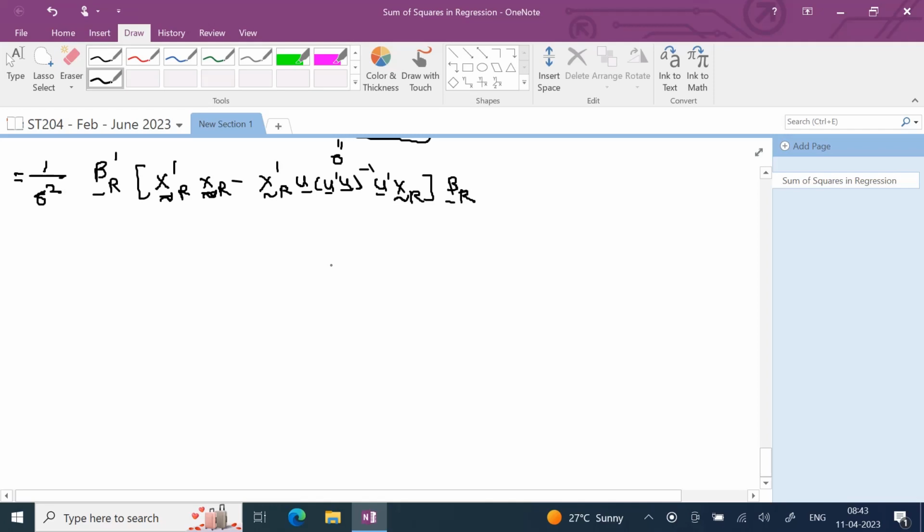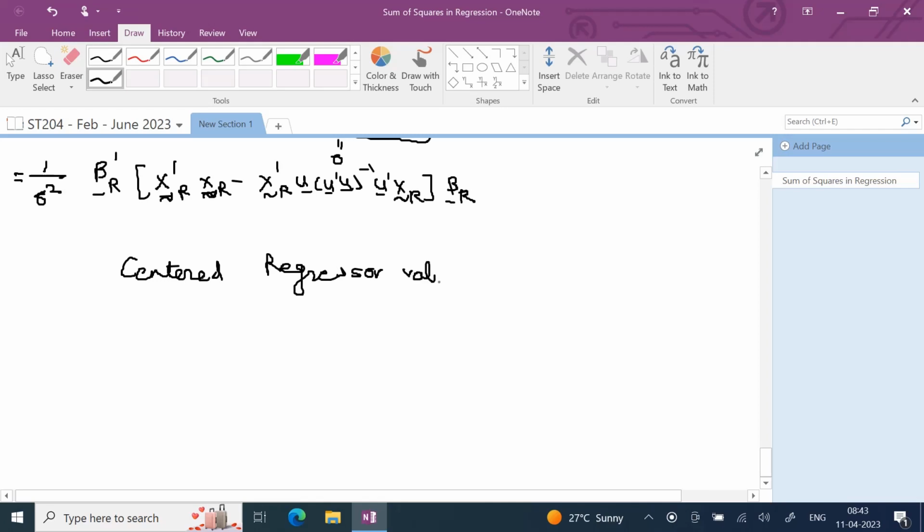If we want to make our life a bit easy, we can define a matrix of centered regressor values. How will I do that?